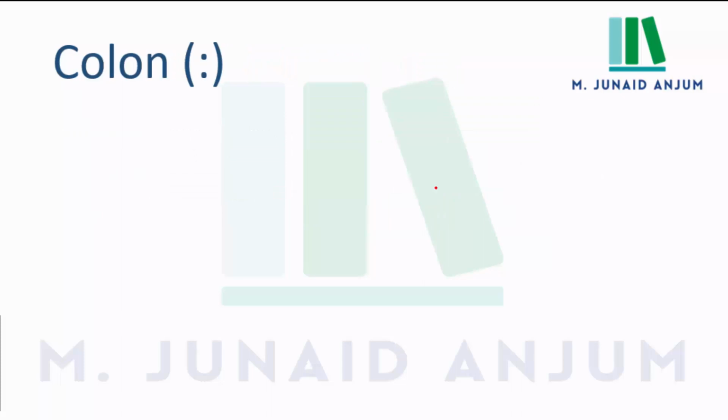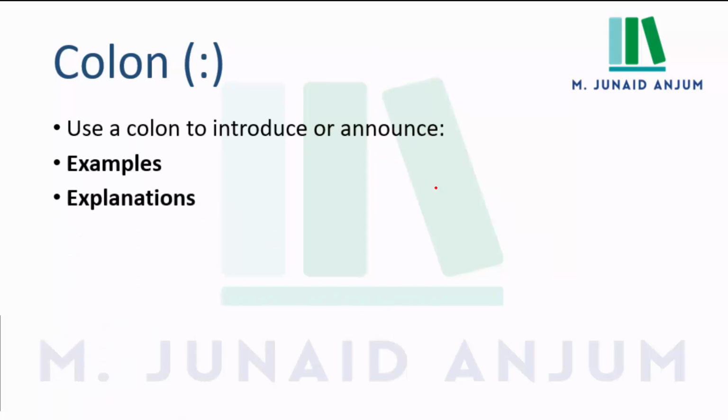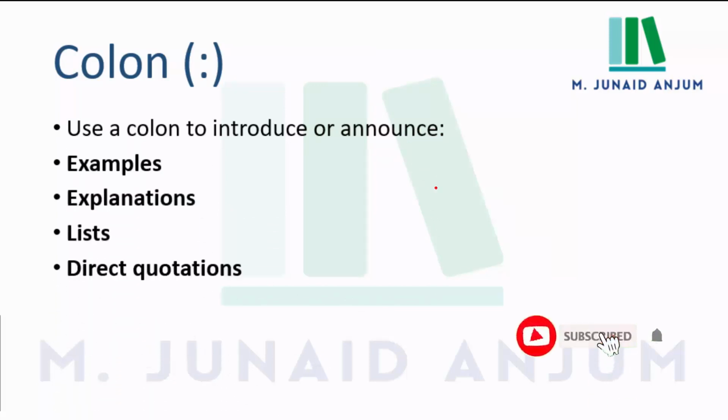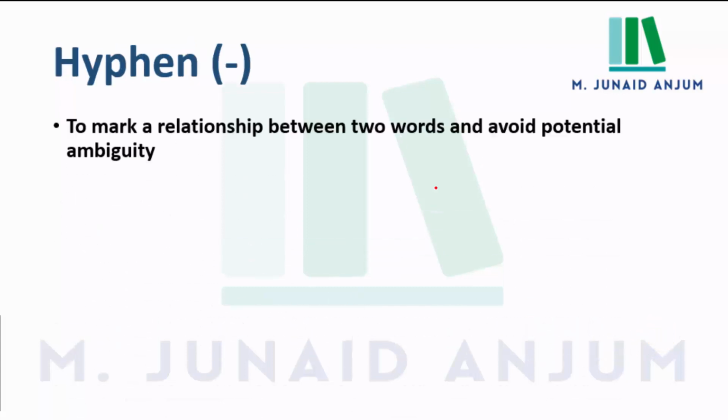The next thing is the colon, basically used to introduce or announce examples, explanations, lists, and direct quotations. People often use a semicolon, which is not correct in these scenarios. The hyphen is basically used to mark a relationship between two words and avoid potential ambiguity.